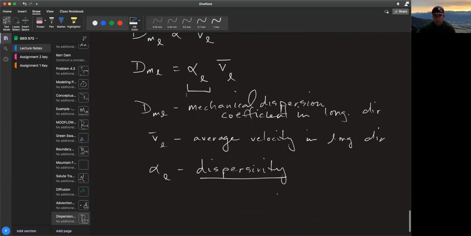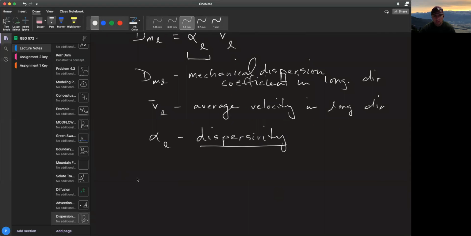Let's talk units. The flux J dispersion, we said, is going to be equal to the moles per time, so per second, let's say, per meter squared. That's my flux.